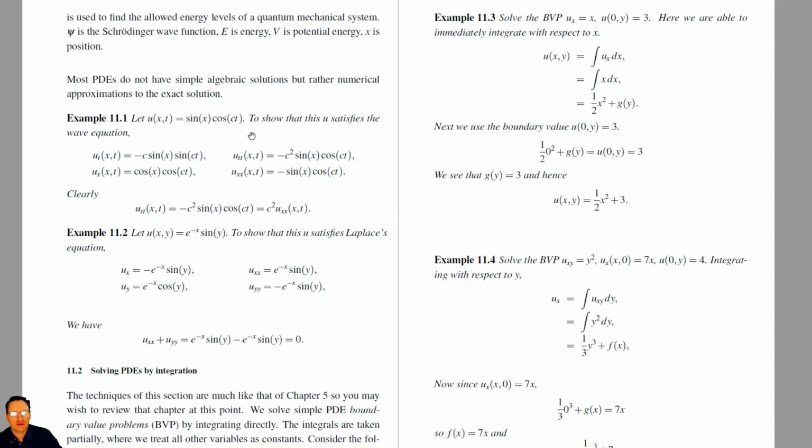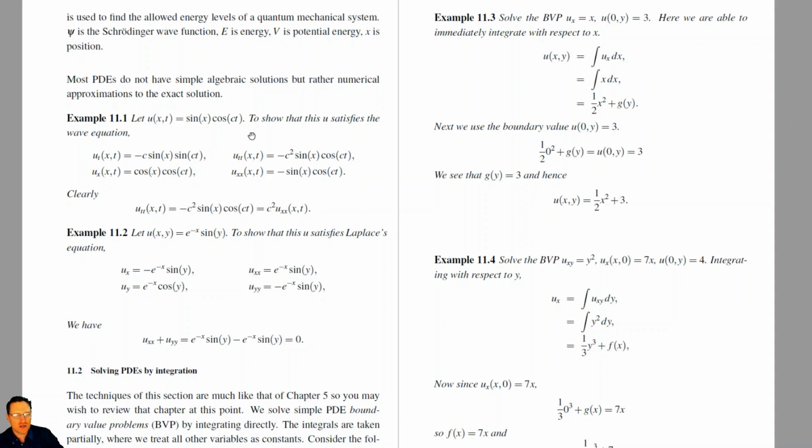Okay, so now we'll pop this into the one-dimensional wave equation, and we see that u subscript tt is equal to minus c squared sine of x cos of ct.